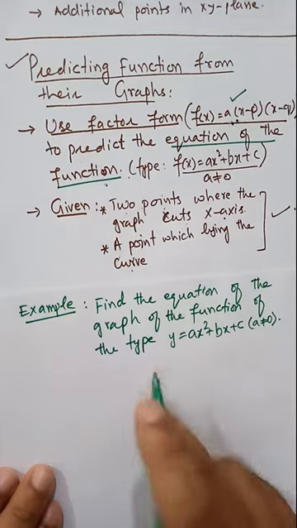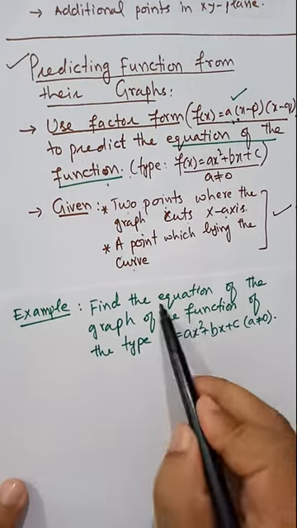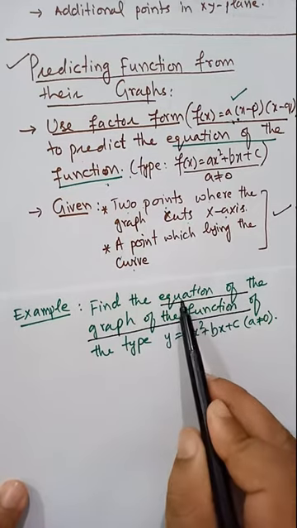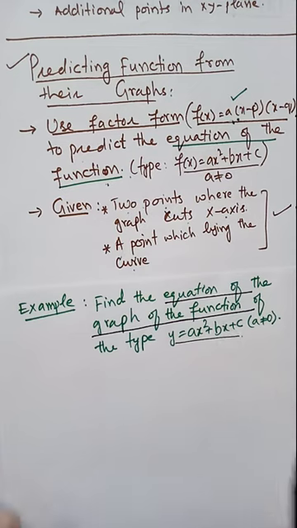This is the statement of the problem. So this is our target. You need to find the equation of the graph of the function, but that equation must be in this form. This is what is required.